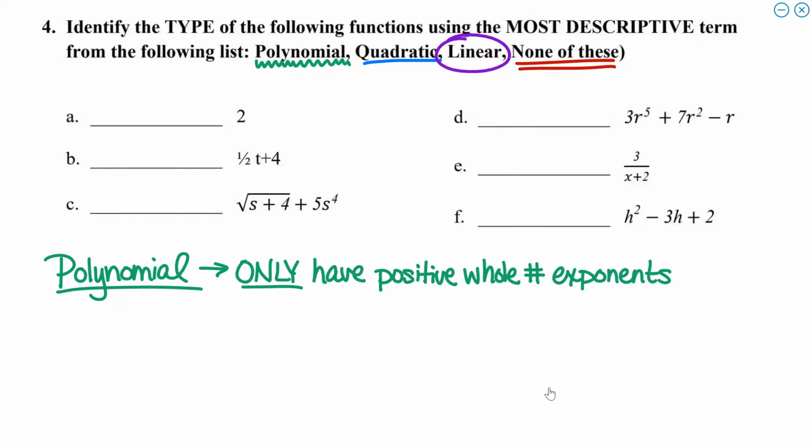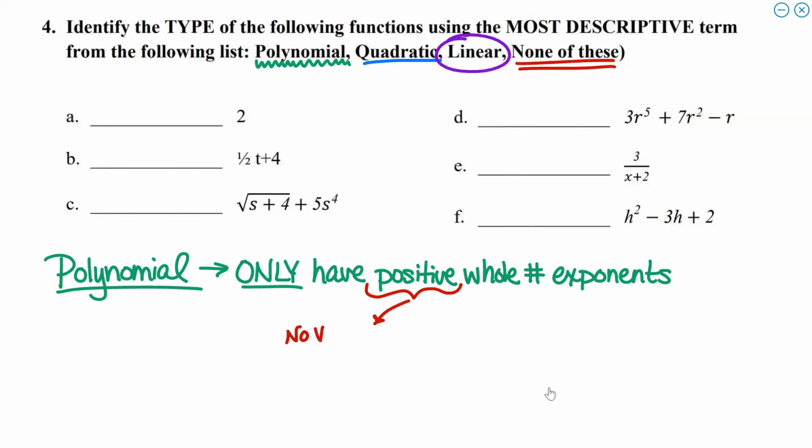So if they can only have positive whole number exponents, there's a couple things we've got to watch out for. If there are variables in my denominator, those would not be positive. If they're down on the bottom, they technically have negative exponents.